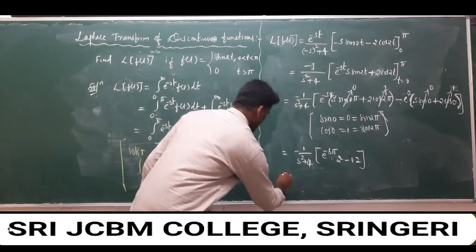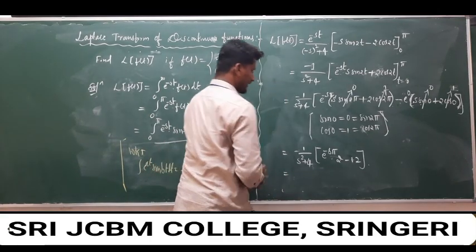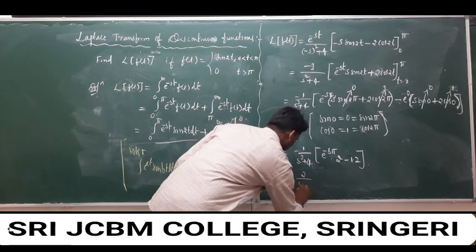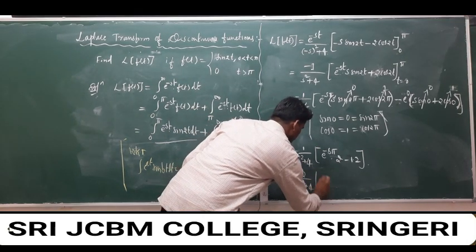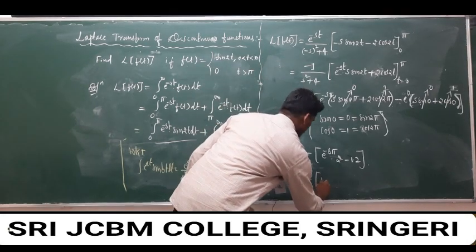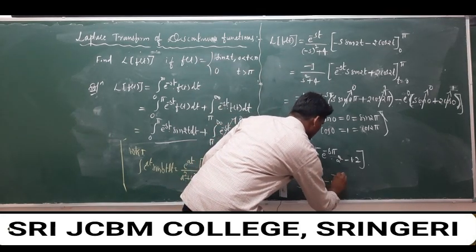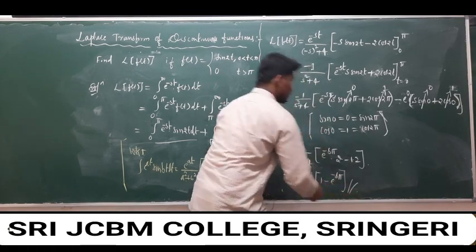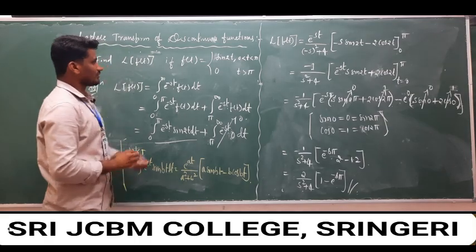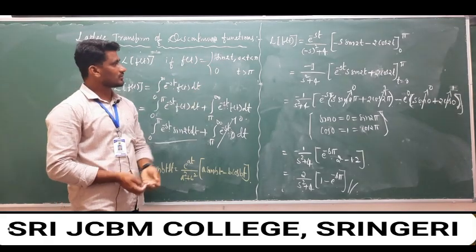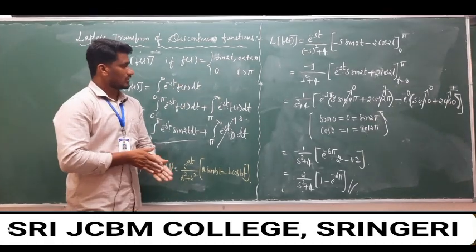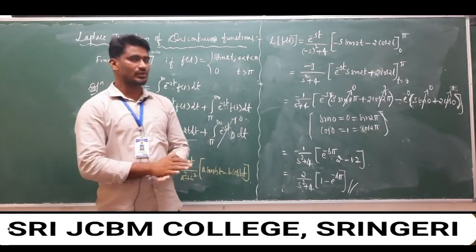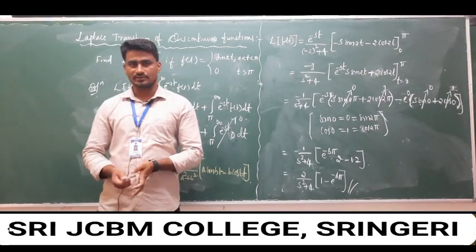Again if you simplify, take 2 common, so we get 2 over s squared plus 4, times 1 minus e^(-s pi). This is the solution for the given function f(t) equal to sin 2t for 0 to pi and 0 otherwise. This is the solution of a discontinuous function, and in the next video we will see some examples of discontinuous functions. Thank you.